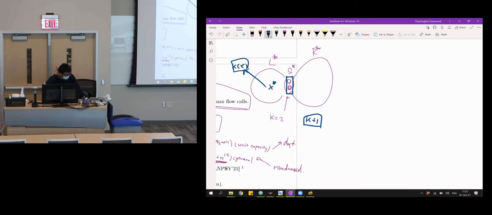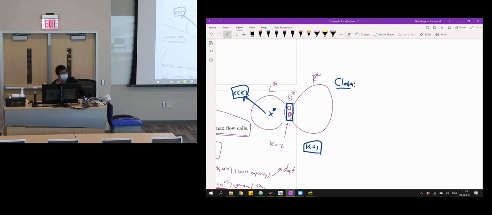Is there any problem by just looking at the kappa plus 1 round? At the second round we must have the answer more than kappa. Let me think. What if kappa minus some value is the minimum of all previous minimum cuts?